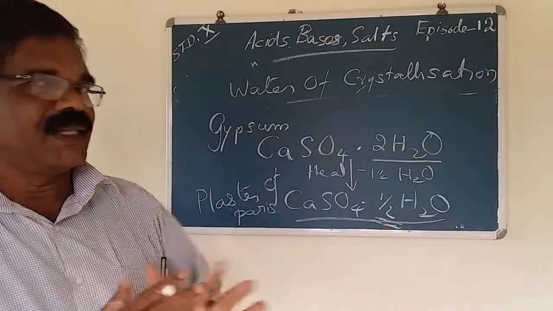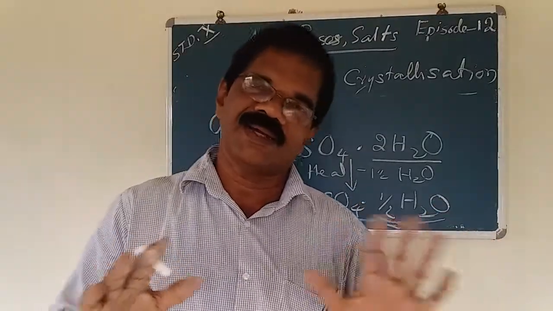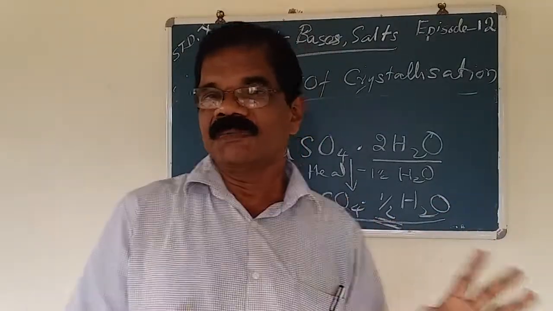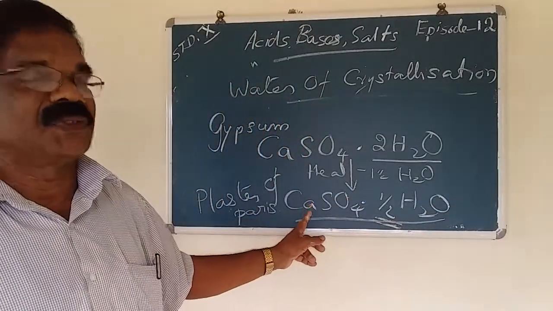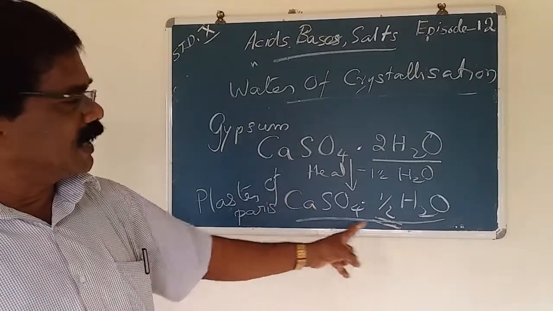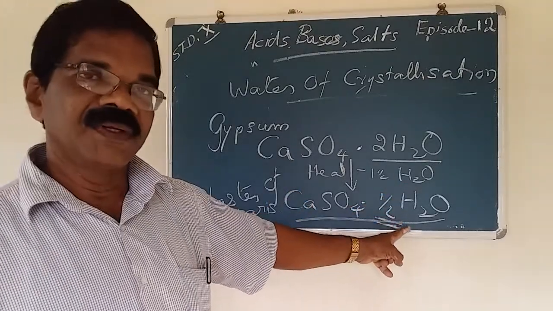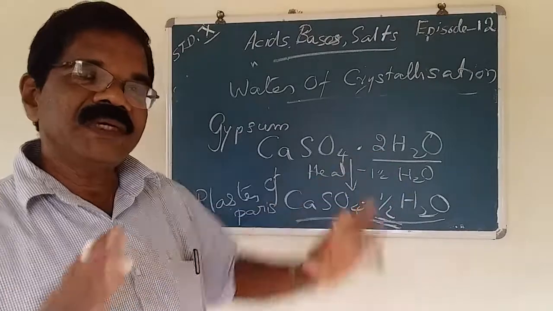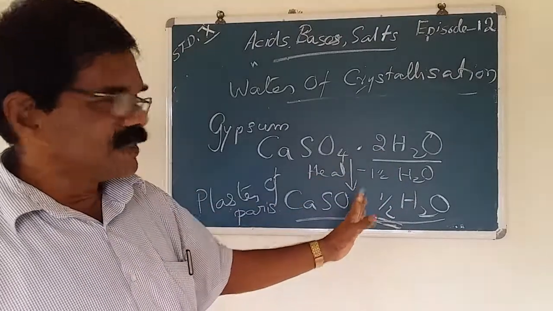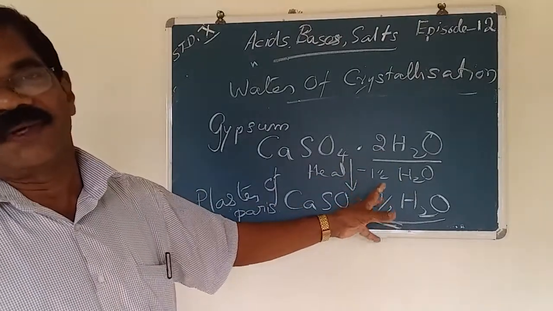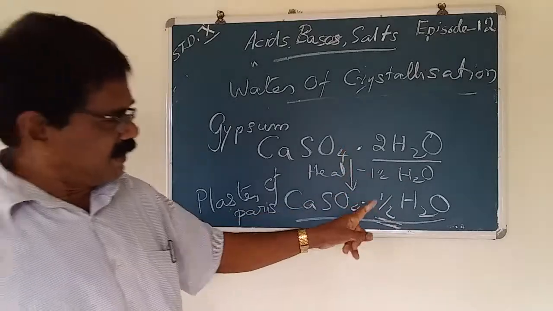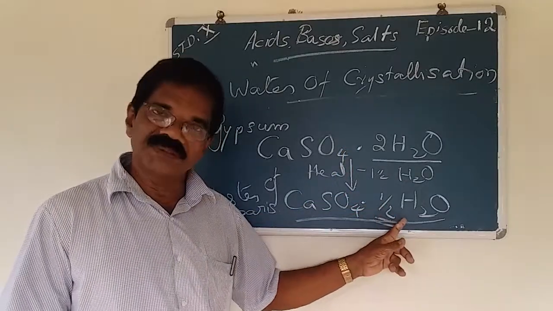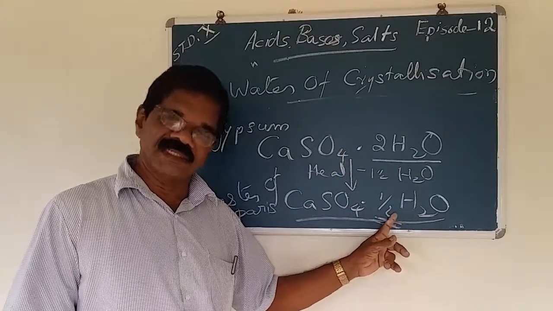Then when they divide, they get half. Each molecule has a half H2O. When two molecules join together and share one water molecule, then when we write the formula, CaSO4 half H2O.